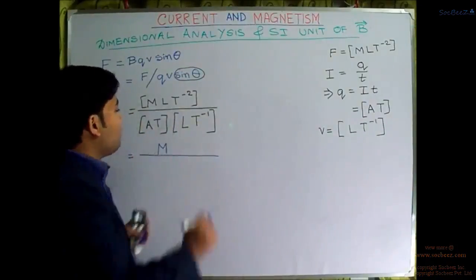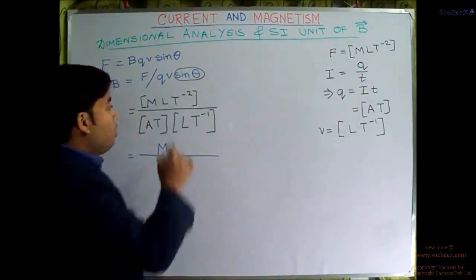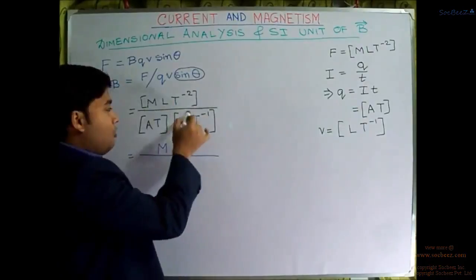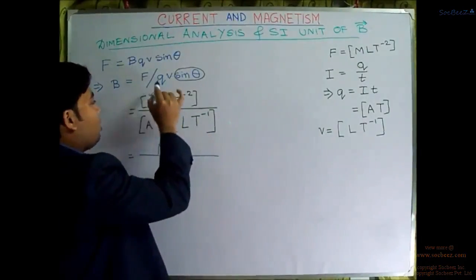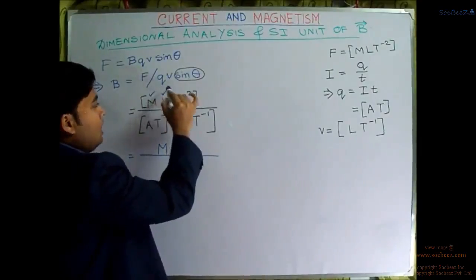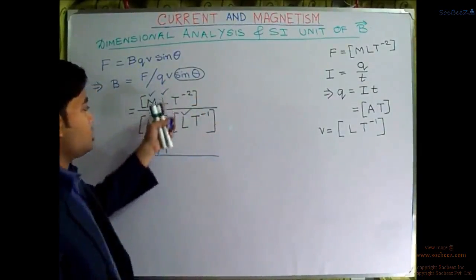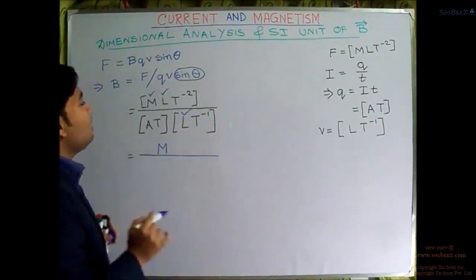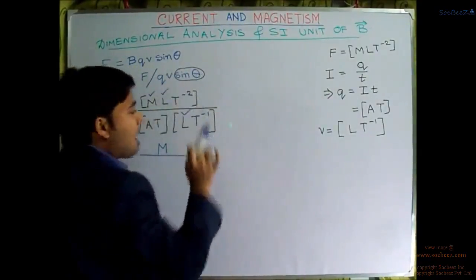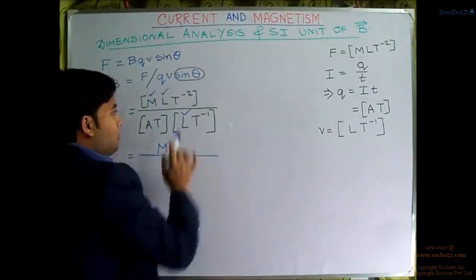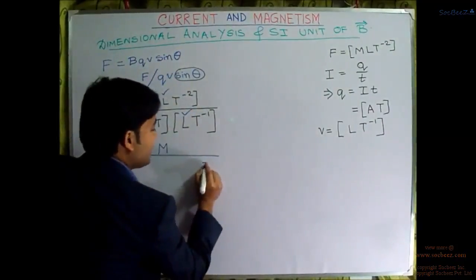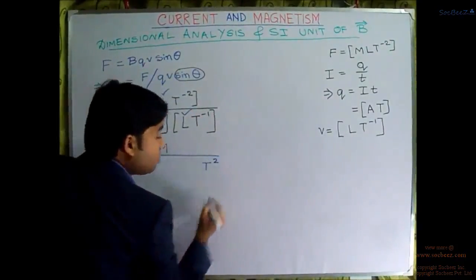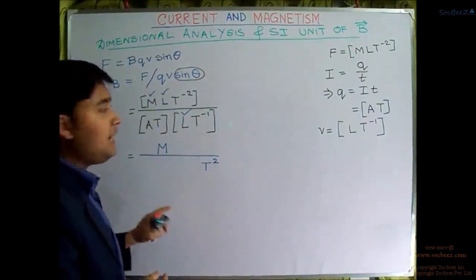Over here we can find this length. So the numerator L and the denominator L will cancel out, leaving no L. Now T to the power minus 2 means we can write T to the power 2 on the denominator side.